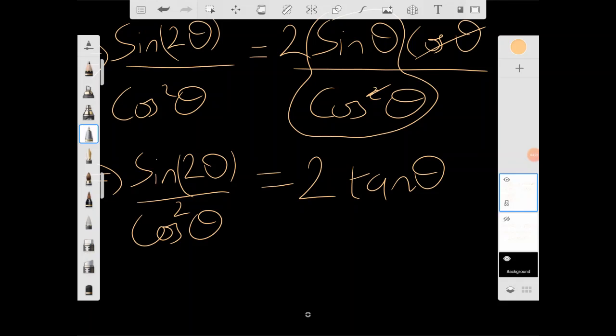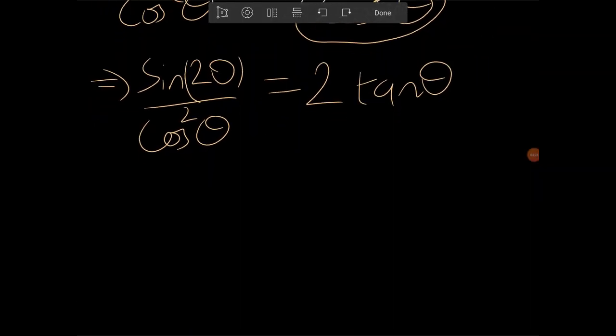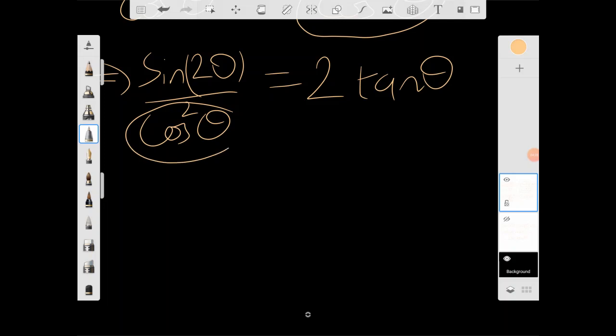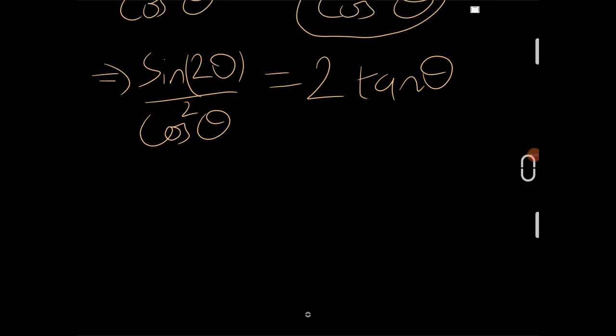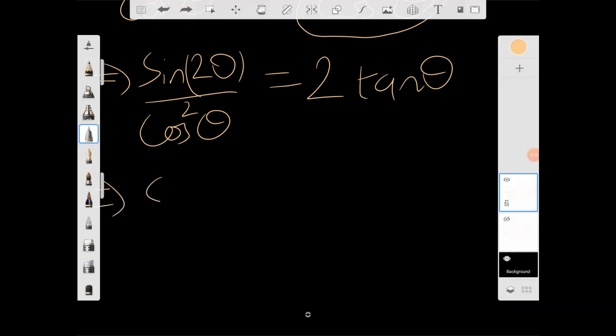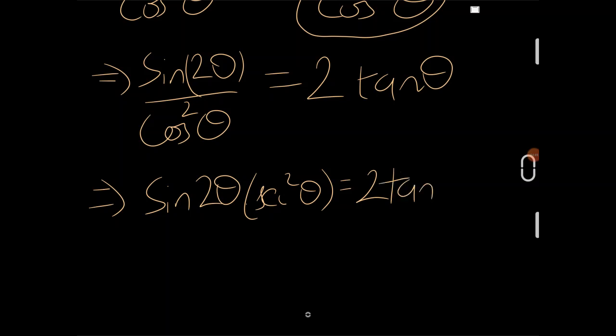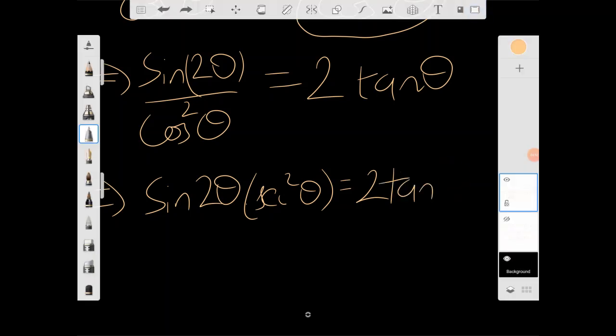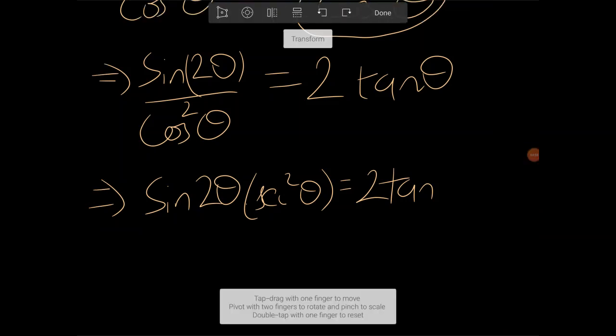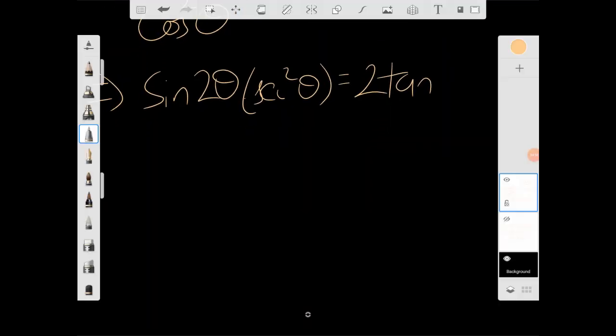Now I'm getting nearer to the answer. Now I need to deal with this thing. So sin 2 theta divided by cos square theta, I can write it as sin 2 theta into sec square theta, right? This is equal to 2 tan theta. Because it is 1 by cos square, 1 by cos square I can write as sec square. Now, what else?